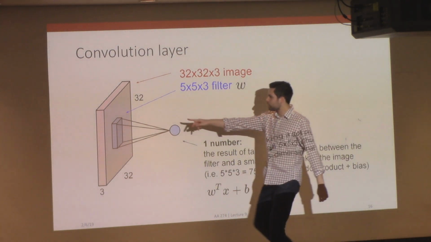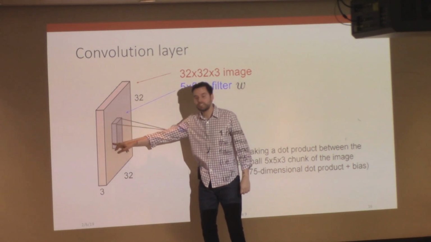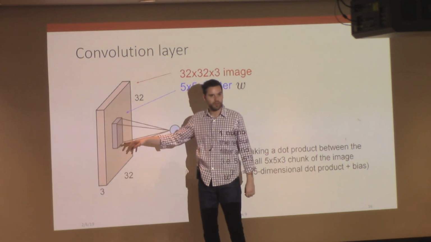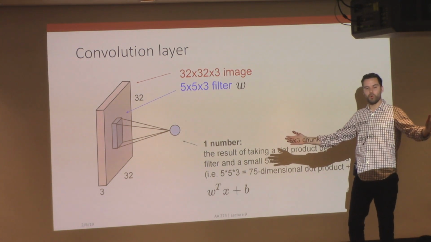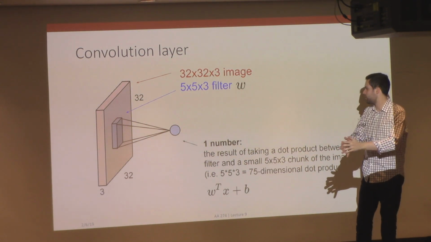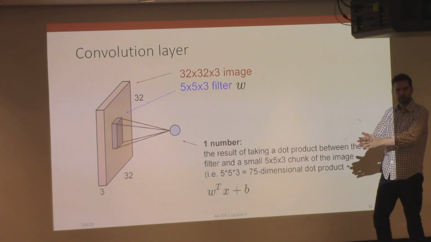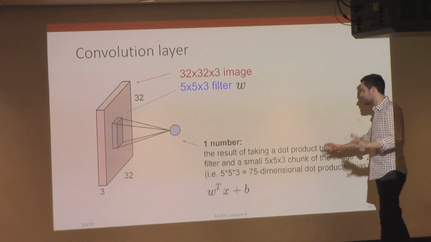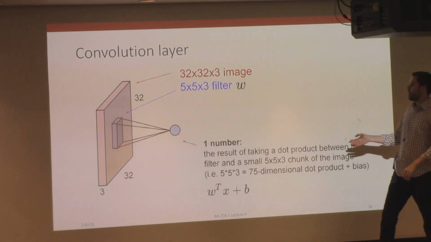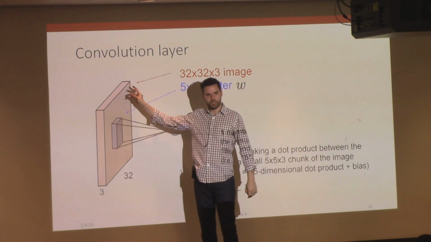You're stretching out the pixels contained within the filter area from the input image into a column, and then you perform the thing that we have been performing all this time: the dot product between those two, and then you add a biasing value.